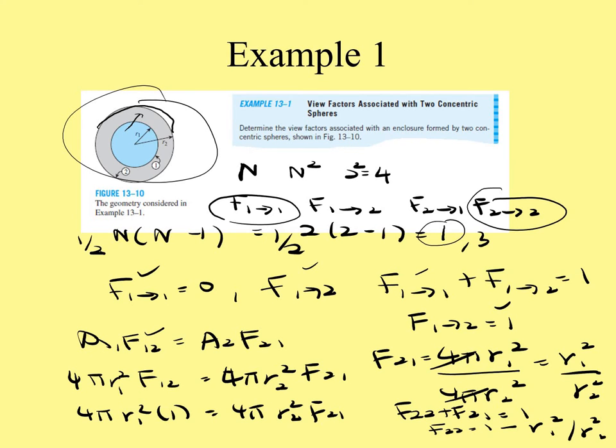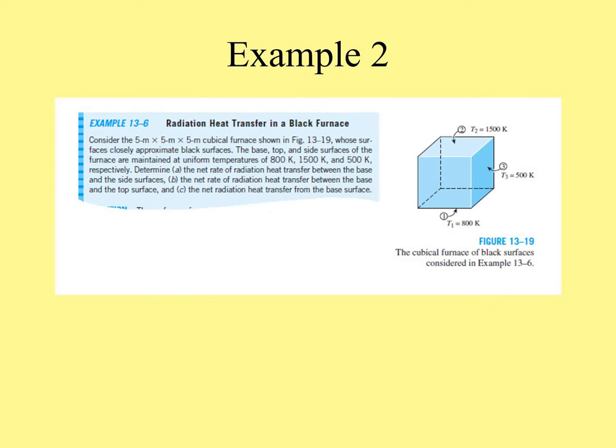Now we try example number 2. Let's read the question first. You need to consider a cubical furnace. The length is 5 meters, the width 5 meters, and the height also 5 meters, same as this figure. We assume that this surface is a black surface.